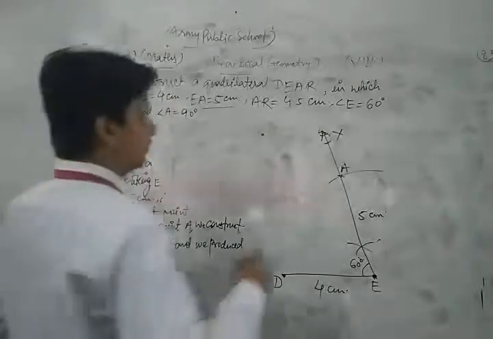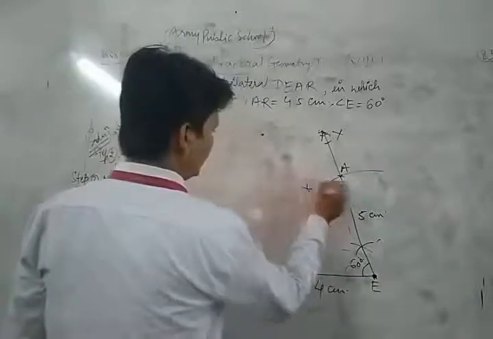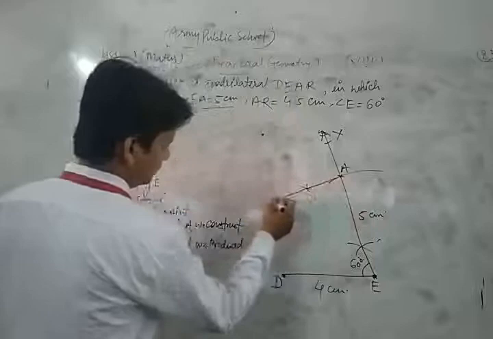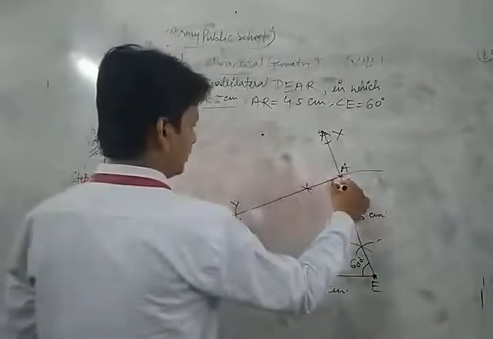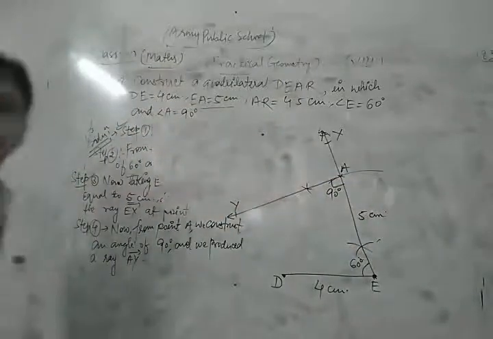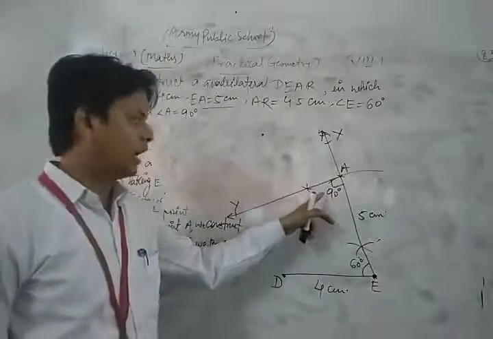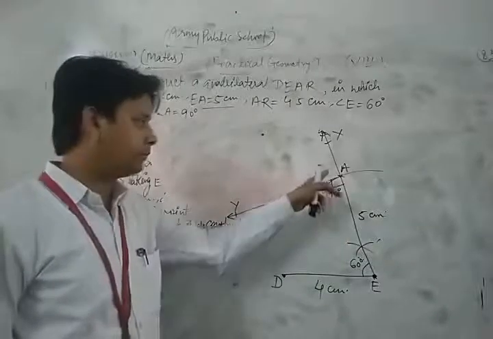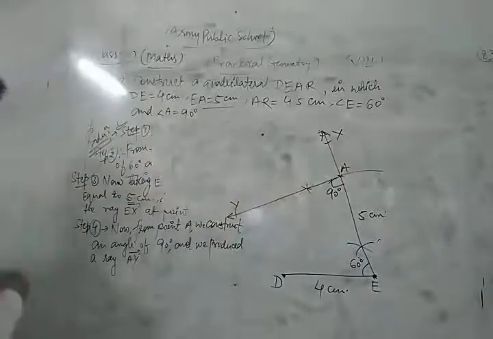So this is 90 degree, and we produce ray AY. In this way, we construct an angle of 90 degree from point A and produce a ray AY. Now, in the fifth step, what I do?